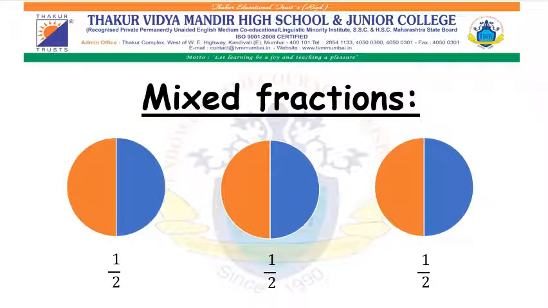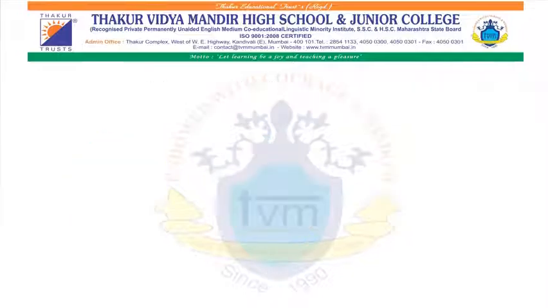Have you heard about mixed fractions? Mixed fractions are the fraction where there is one whole number and a fraction. See, in the figure, you can see three circles of half. That is, three circles are there, which is showing you the fraction half. That is three parts of half.